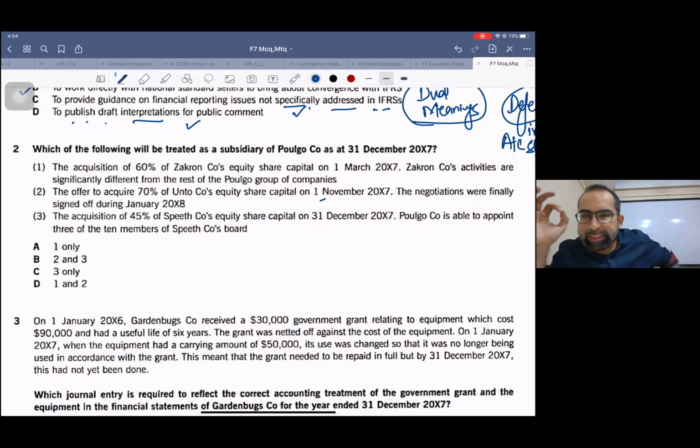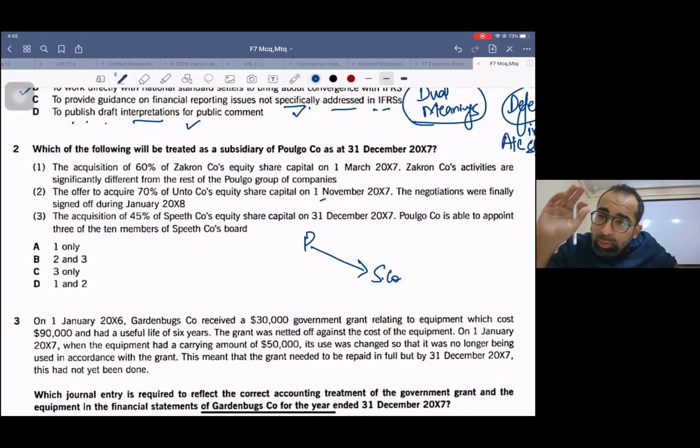You know, there is a special topic in your book, which I always teach: exemption from consolidation. For example, this is P company, and P company controls S company, but still consolidation is exempt. Sometimes it's exempt. In the past, this exemption topic was very large. The IFRS board had given a lot of exemptions, but with respect to time they have removed them. Listen to me, you must know this.